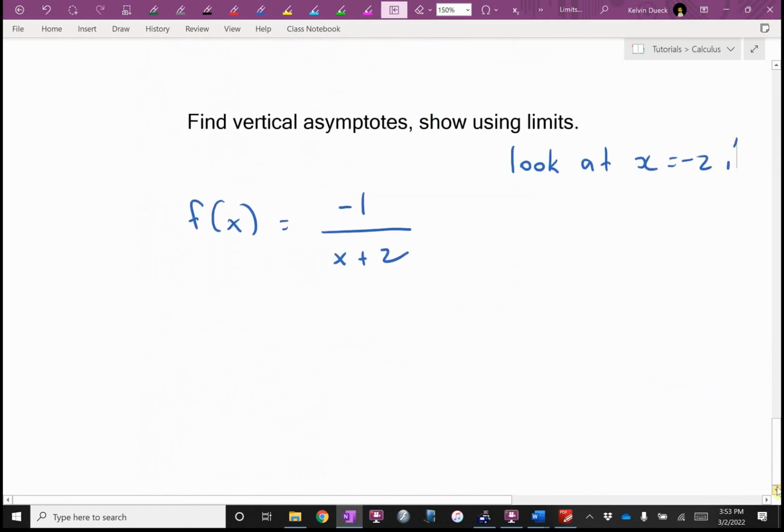Let's take the limit as x approaches 2 from the left. I'm going to imagine 1.99999. On the top, -1. On the bottom, when I put a 1.99999 in here, will this overall be negative or positive? Negative. Big number or small number?